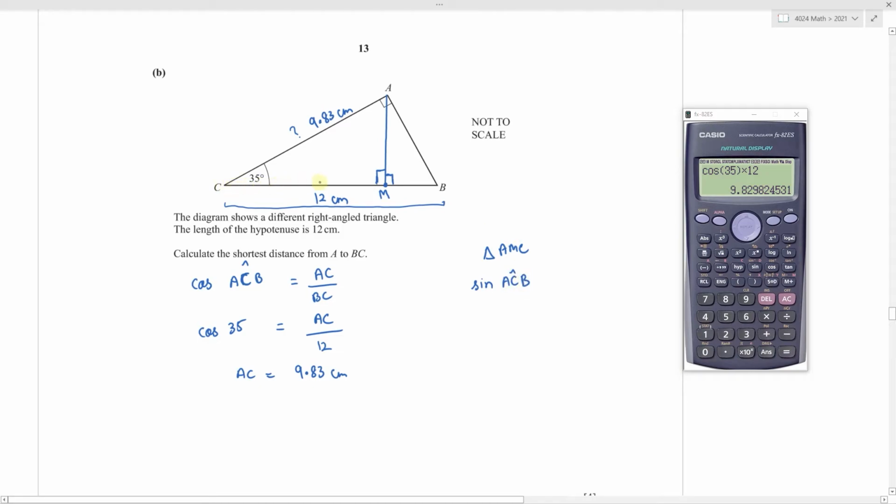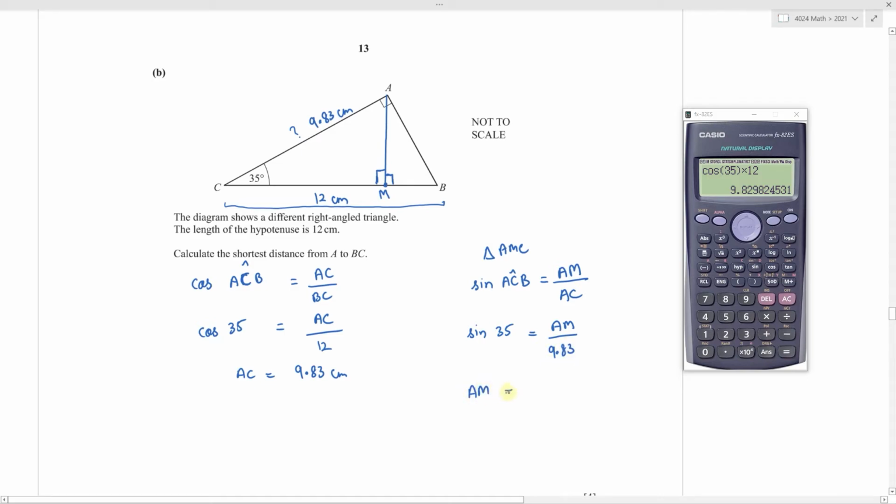So this will be the base, this will be the perpendicular, this will be the hypotenuse. So sine of ACB is perpendicular height over hypotenuse. So perpendicular height here is AM over AC. So sine of ACB will be again sine 35. AM over AC is 9.83.